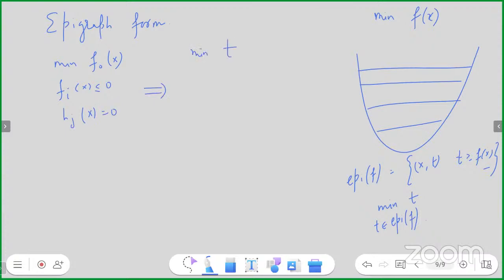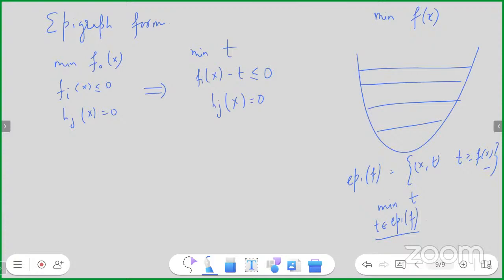Now I don't want to write this, so what is the equivalent answer I'll write? t greater than or equal to f0 of x, fi of x minus t less than or equal to 0, and keeping hj of x. This just t belongs to epi of f exactly means that. So it belongs to epi of all of them, and then I'm trying to push as small a t as possible. So this comes to the rescue for many problems.